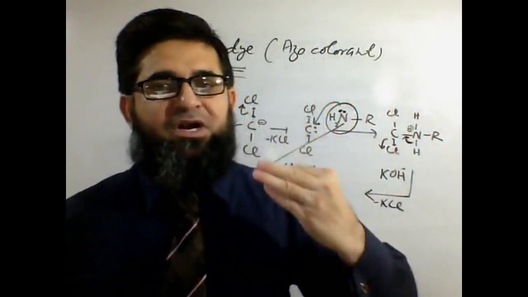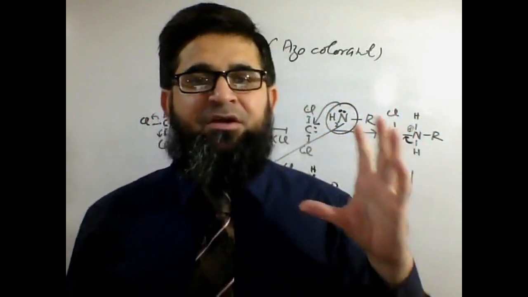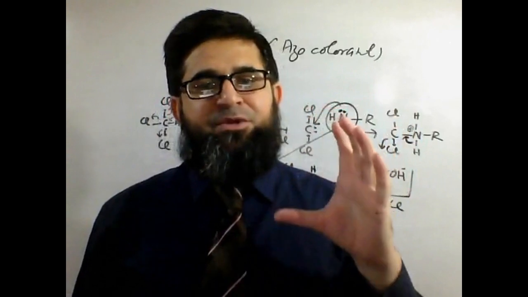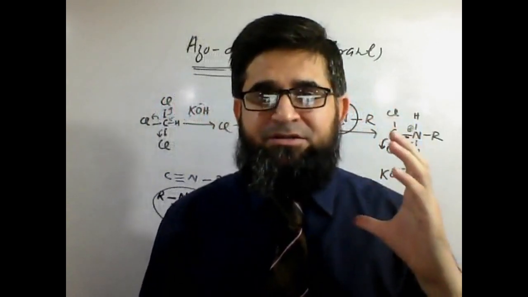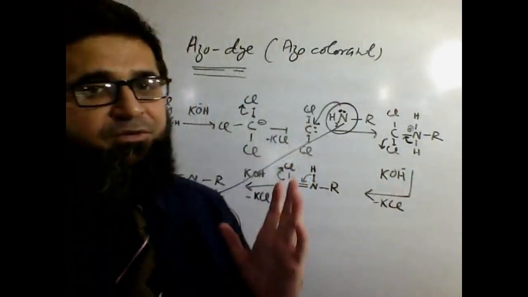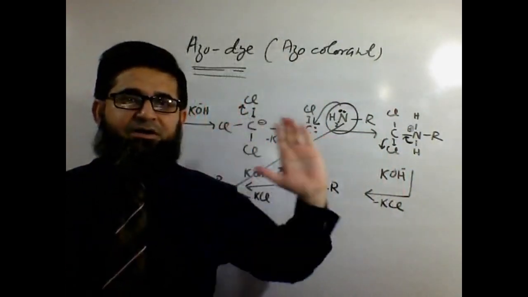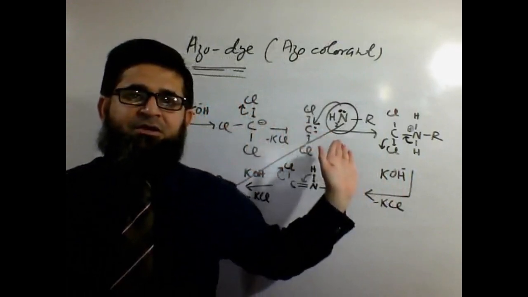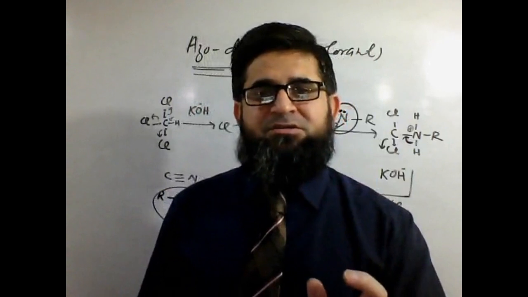If your starting compound is not a primary amine, then straight away you can't use that for the preparation of azo colorants, azo dyes. So this is how this test is very important for the preparation of azo dyes, as far as its practical application is concerned.